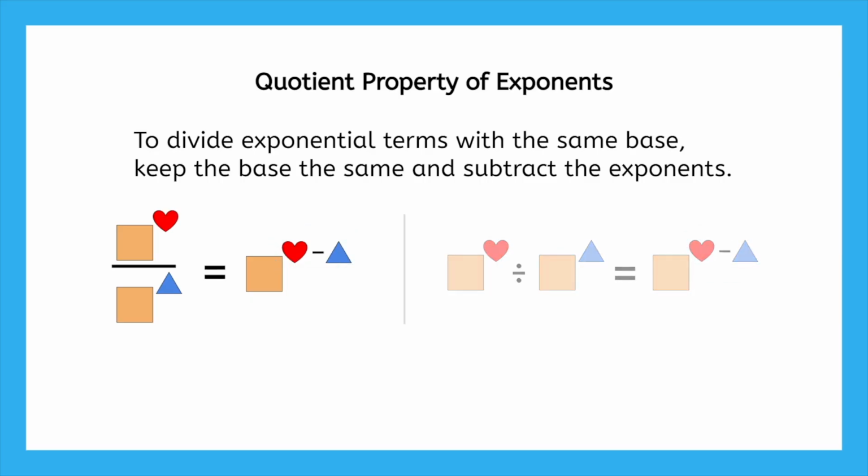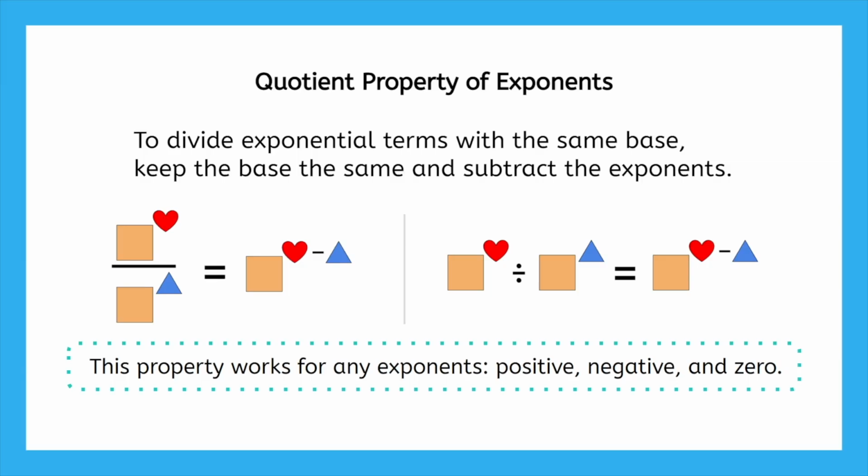For fractions, it's the exponent in the numerator minus the one in the denominator, or top minus bottom. For division written horizontally, it's the exponent in the dividend minus the one in the divisor, or the first minus the second. This property works for any exponents, positive, negative, and 0.